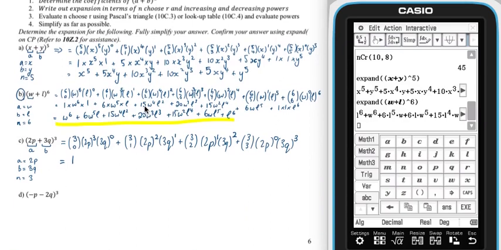1, 3, 3, 1. Times by 2p cubed. Well, 2 cubed, 2, 4, 8.